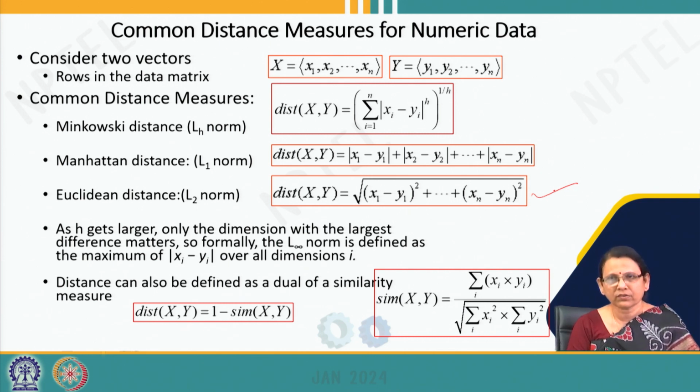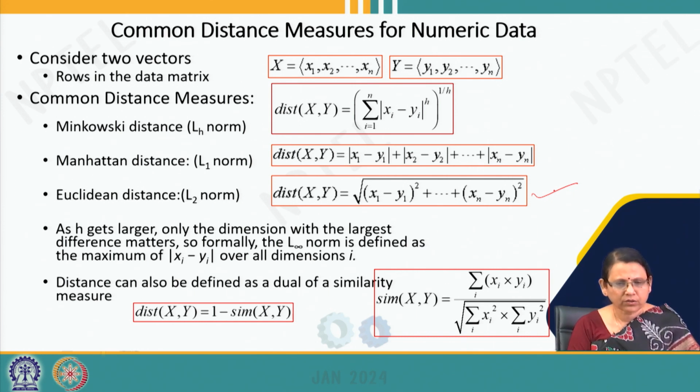In fact, about this L2 norm, L1 norm, etc., we discussed while talking about minimizing the error function, in the context of supervised learning. Our error function, the mean square error, was actually like the Euclidean distance.